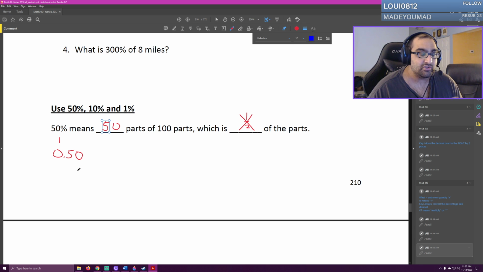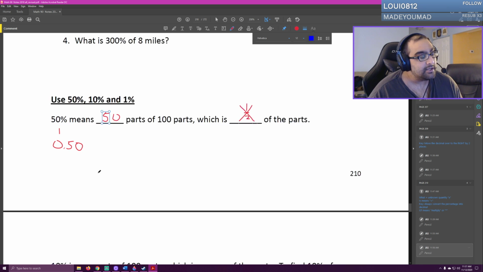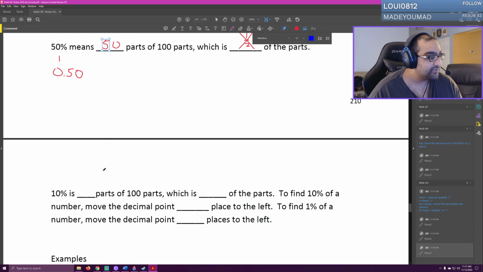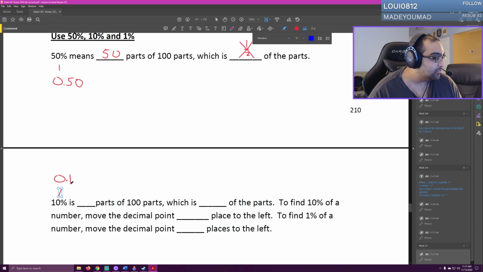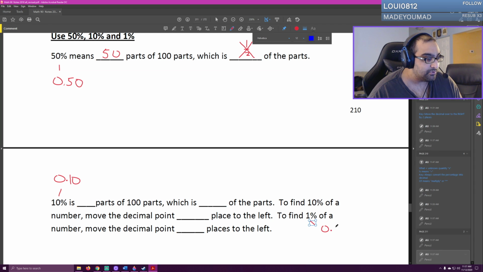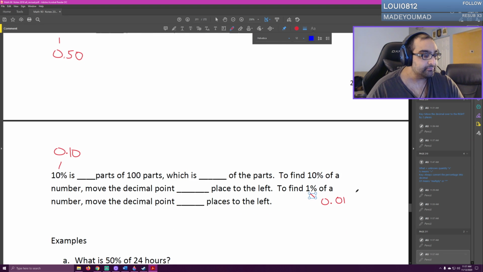So you'll see if I'm writing stuff out here, I'm going to keep it as 50%. However, 10% here, for example, is 0.10, okay? Or 1% can be written as 0.01 as an example.